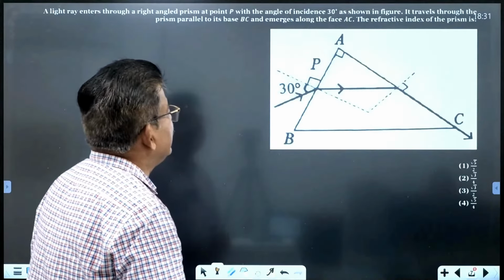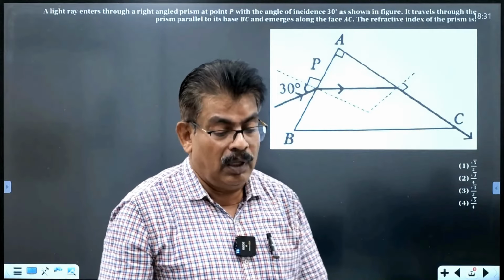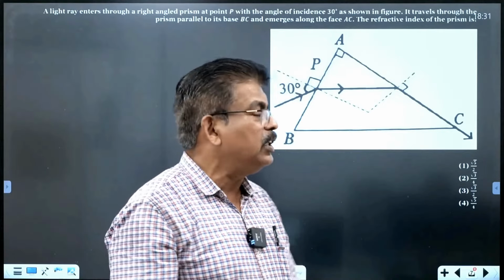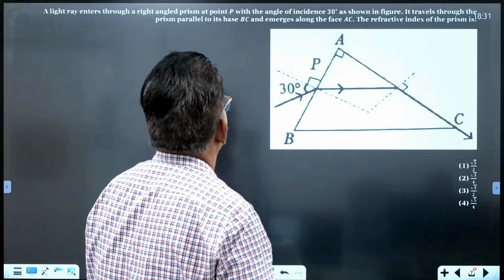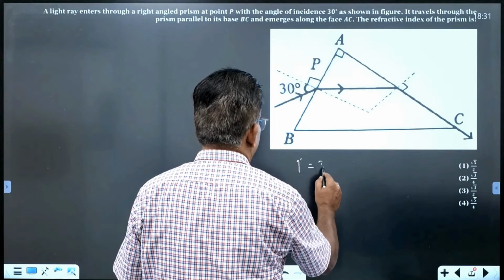Here, the question needs somewhat of a calculation. This is a question from ray optics. We have to go through the calculation. What is given to you? Angle of incidence is given to be 30 degree.